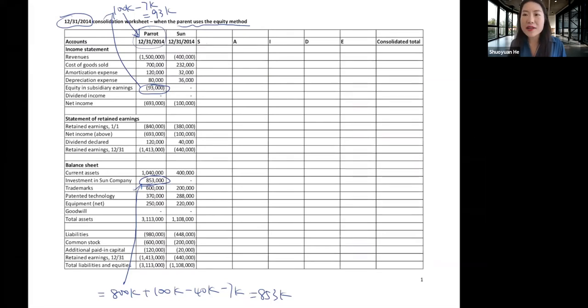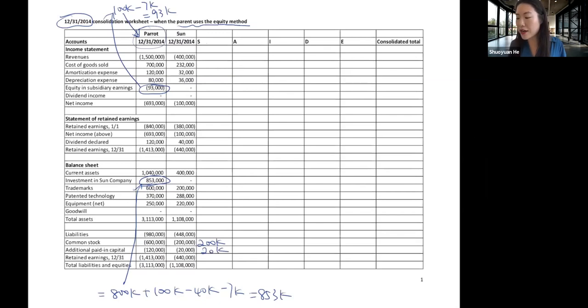consolidation entry S, the purpose is to eliminate the subsidiary's shareholders' equity accounts. So the subsidiary has common stock of 200,000. To eliminate it, we debit 200,000 common stock. The subsidiary has additional paid-in capital of 20,000. To eliminate it, we debit 20,000 additional paid-in capital.